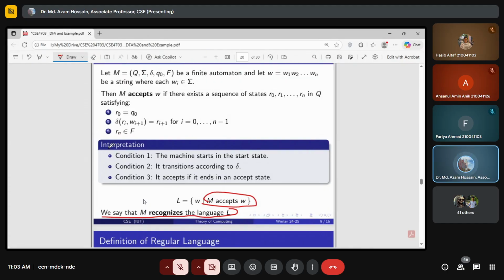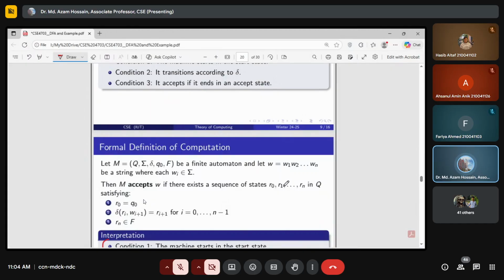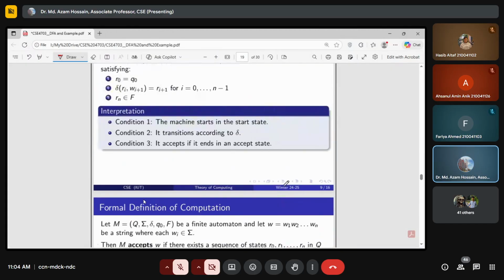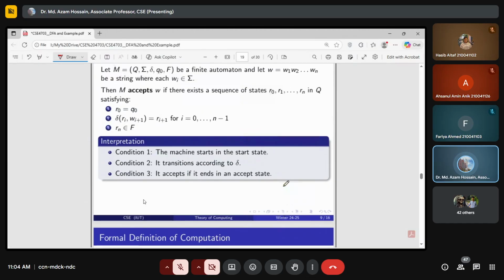So what are the conditions? The machine starts at the starting state. It transits according to the delta, and it accepts if it ends in the accept states. Okay, so that is called the definition of computation. This is just a mathematical term. What is the meaning of computation?